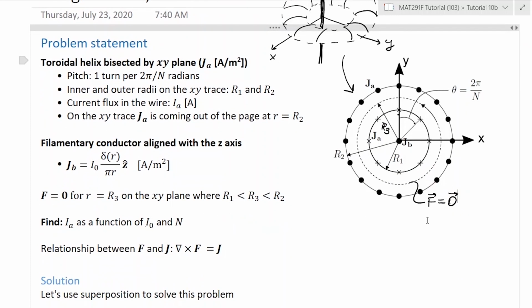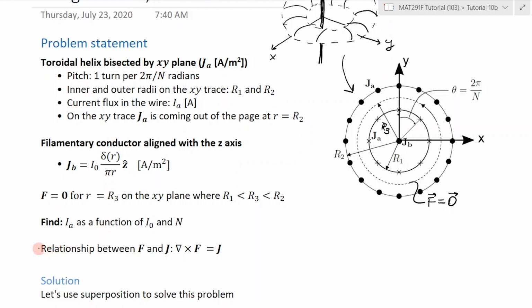And the question asks to solve for this constant IA, so the current in the wire of the torus, as a function of this constant I naught and the number of turns in the toroidal helix. Oh, by the way, sorry, you weren't told yet that this is the number of turns. Turns out it is, but for now, let's just assume that this is some constant that's involved in the description of this pitch. You could think pitch times pitch divided by 2 pi and, okay, I guess 1 over that.